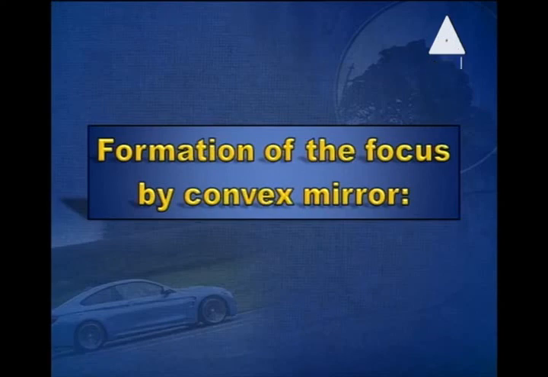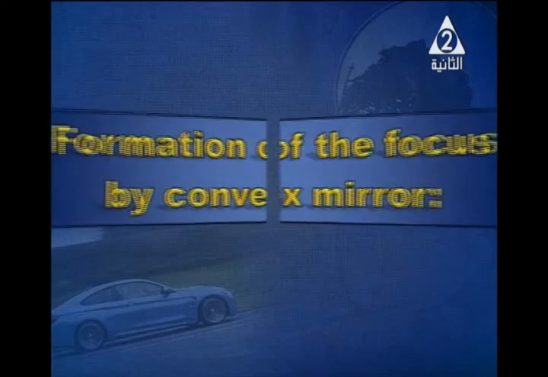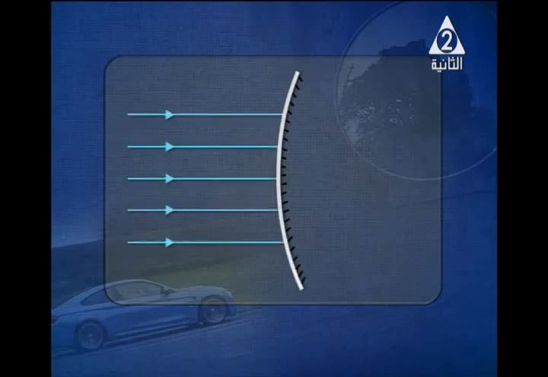Formation of the focus by a convex mirror. These are light rays which are incident parallel to the principal axis of the convex mirror. These rays will be diverged after falling on the reflecting surface of a convex mirror.